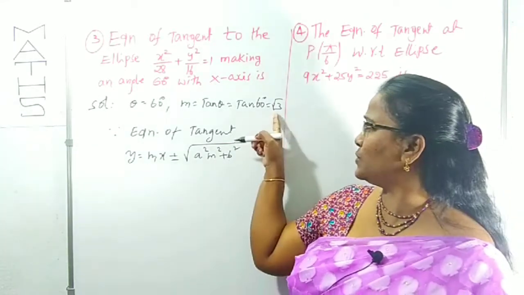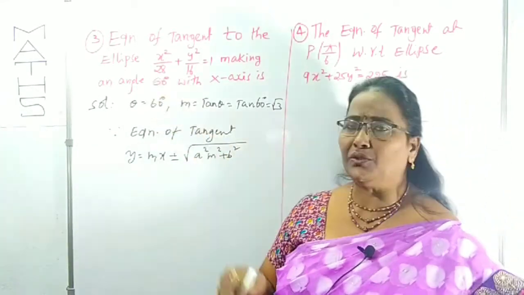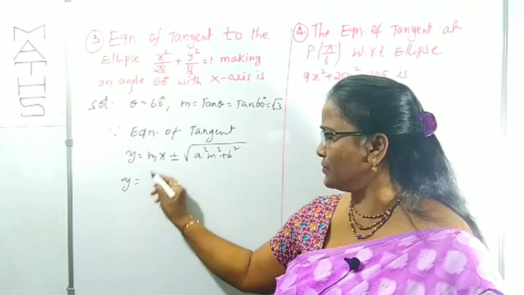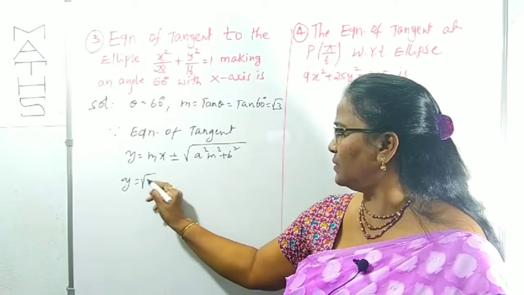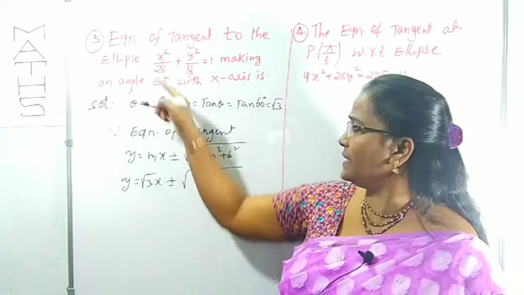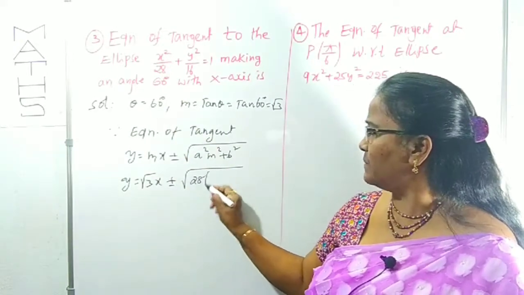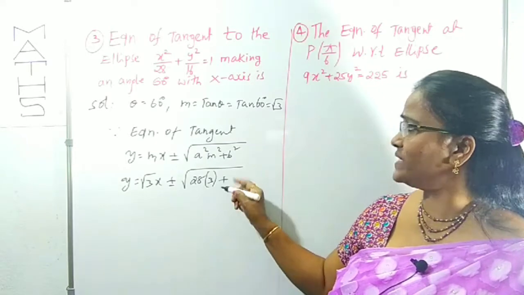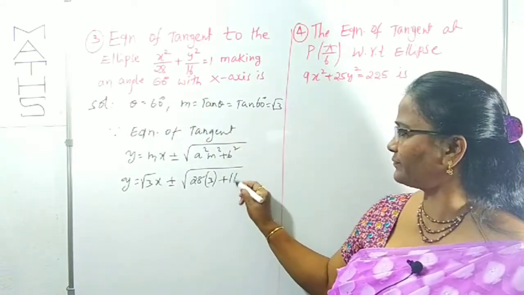Here you know m is root 3, and a square, b square are 28 and 16. We can substitute here. So y equals root 3 x plus or minus root over a square, which is 28, times m square, root 3 whole square which is 3, plus b square which is 16.